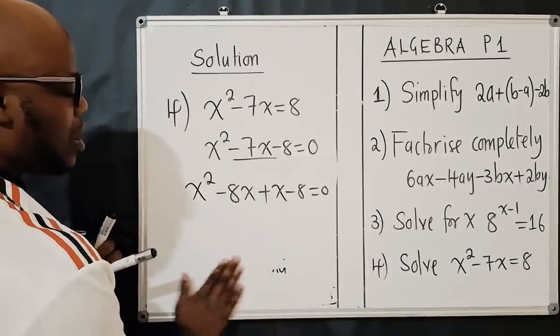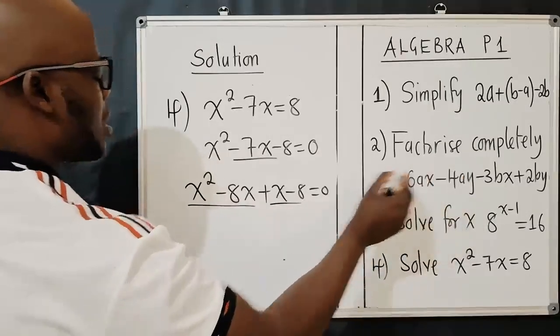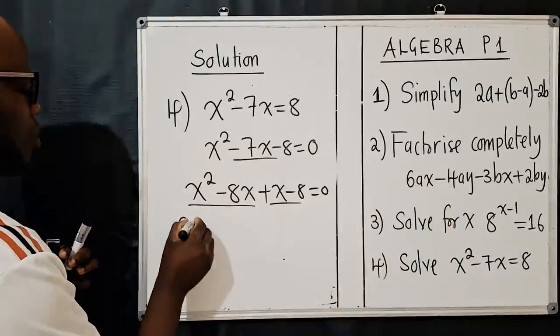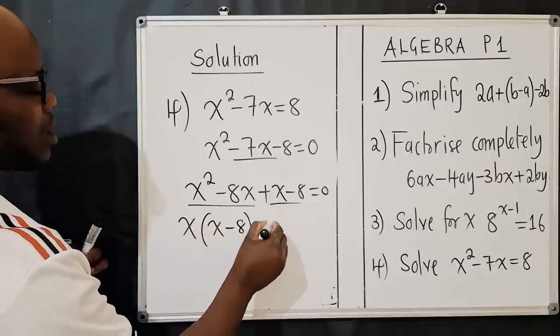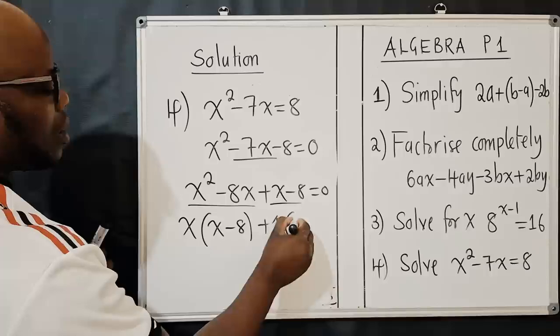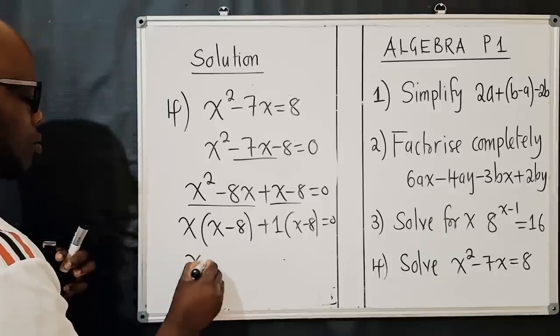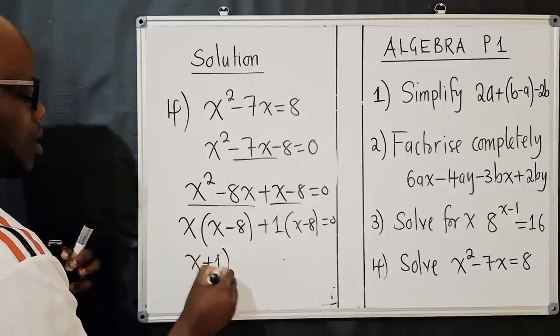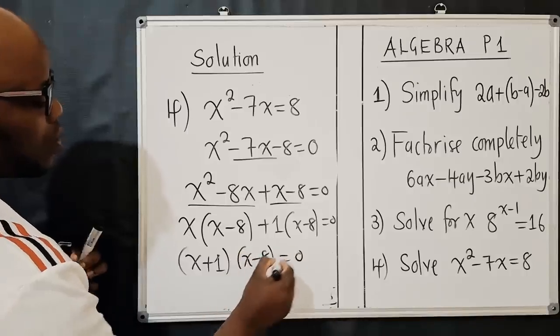So from here, we now factorize by grouping like we did here on question 2. So what is common is x. We shall remain with x minus 8. Here it's 1. x minus 8 is equal to 0. So x plus 1. And here x minus 8 is equal to 0.